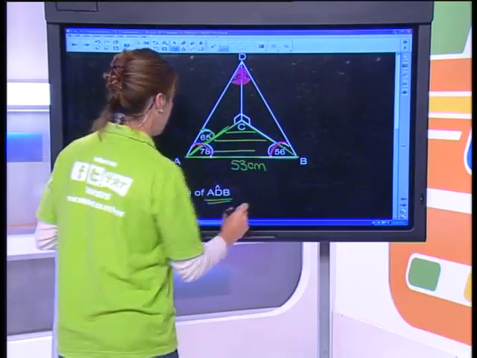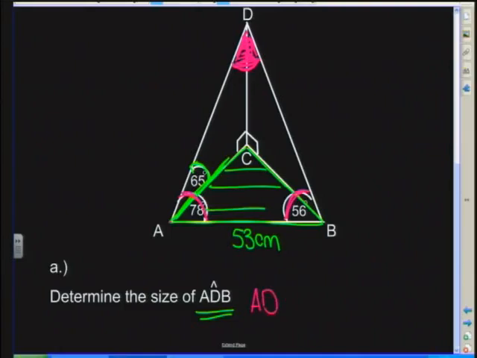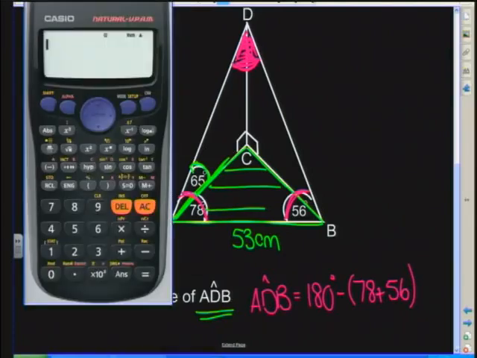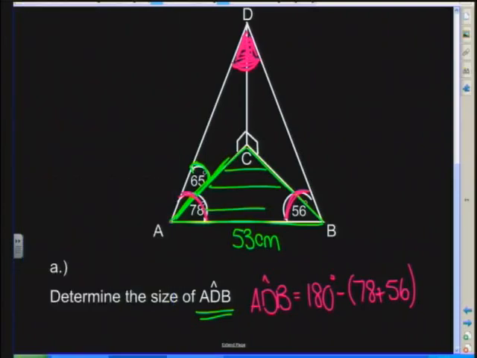So therefore angle ADB is equal to 180 minus the two angles that we have, which are 78 and 56. Okay, and let's work that out quickly. Right, so we've got 180 minus my 78 plus my 56, and that gets us to 46. So there we go. That's the size of that angle over there, 46 degrees.